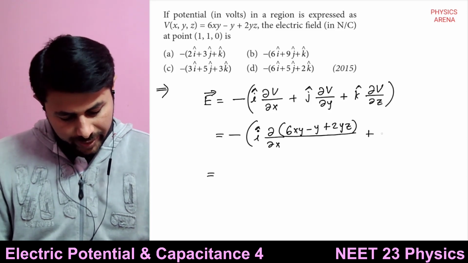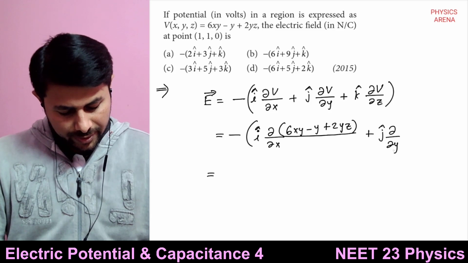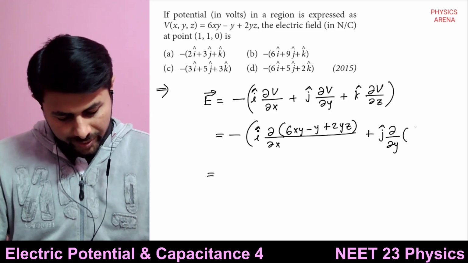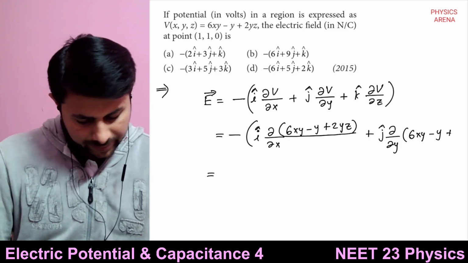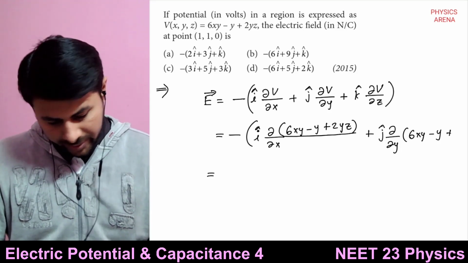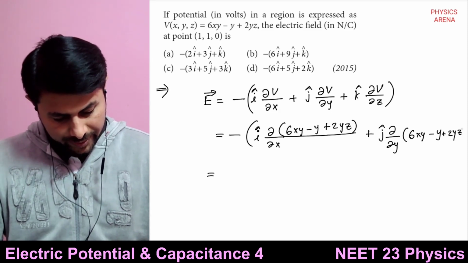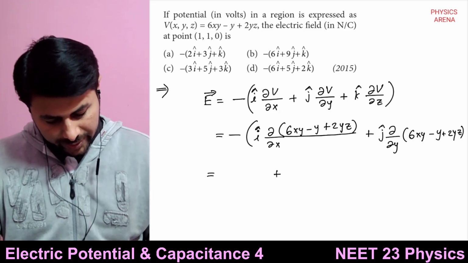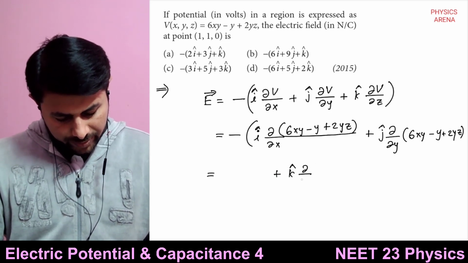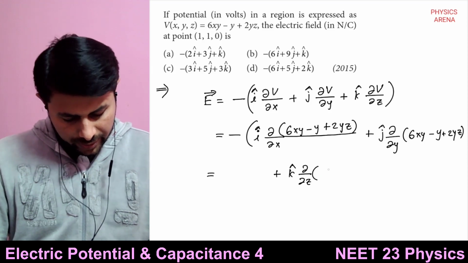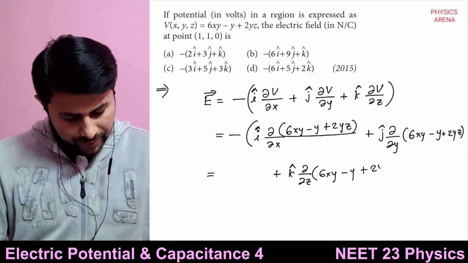Plus you have j cap multiplied by the same thing, dou by dou y of 6xy minus y plus 2yz. So there is y in all the terms. And plus you have k cap multiplied by dou by dou z of 6xy minus y plus 2yz.